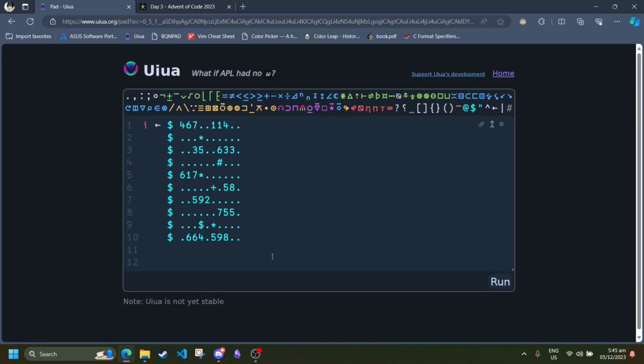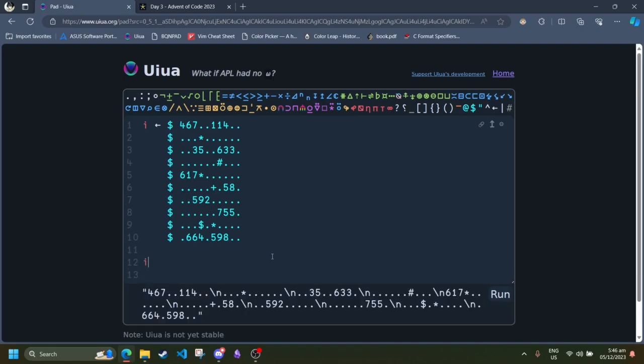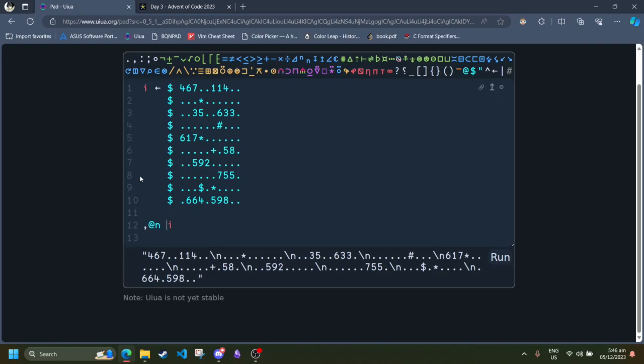First of all, let's parse it by line. Pretty simple stuff. We'll have the input, then we'll partition on the newline characters, which should be not equal to newline.